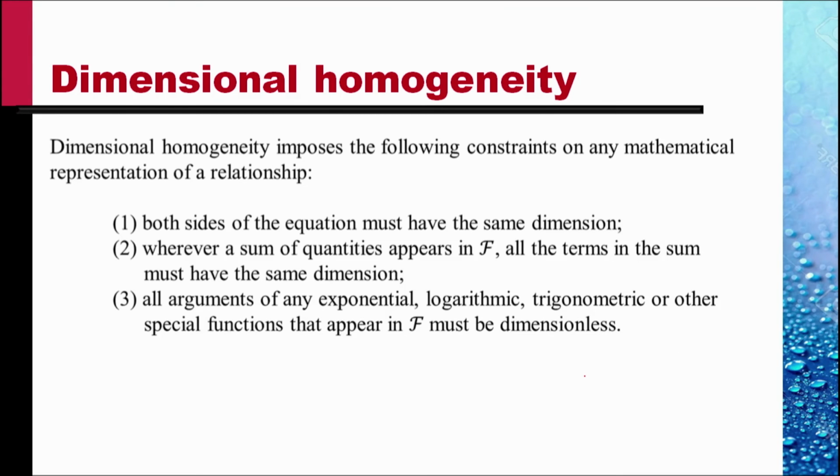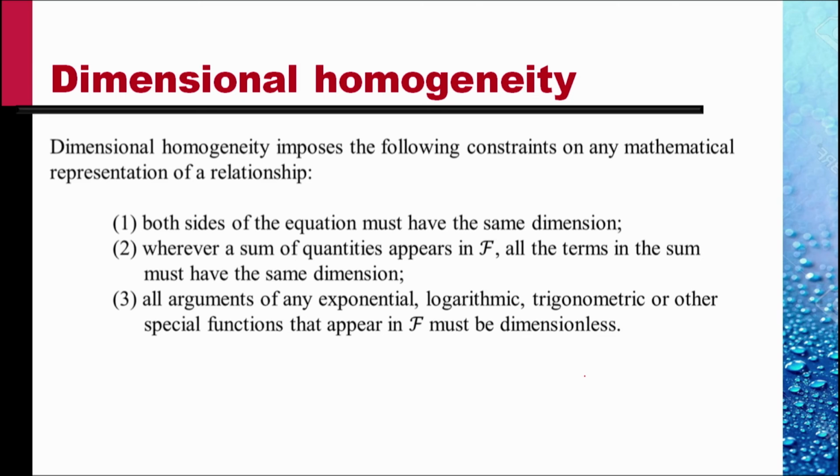So, the dimensional homogeneity imposes the following constraint on any mathematical representation of a relationship. First, both sides of the equation must have the same dimensions. Q0 must have the same dimension as Q1 raised to power n1 times Q2 raised to power n2 times Q3 raised to power n3 times Q4 raised to power n4, if that is the relation between Q0 and the various Q1, Q2, Q3, and Q4.